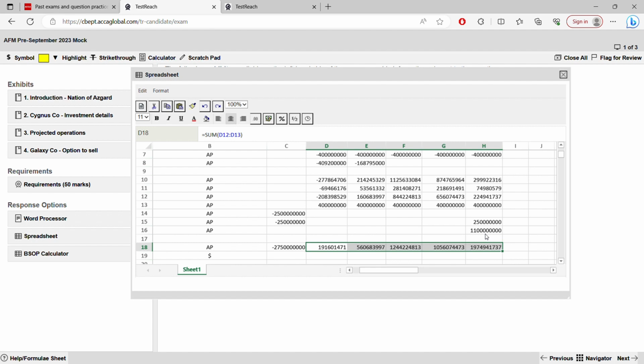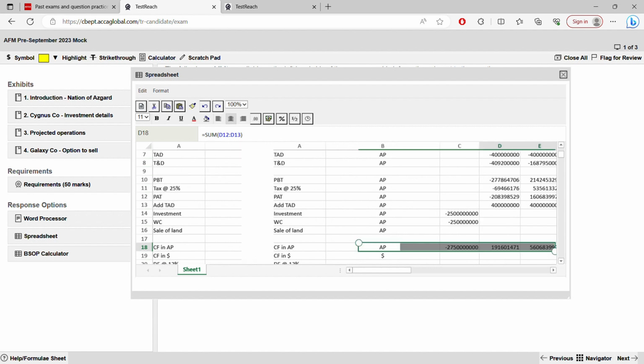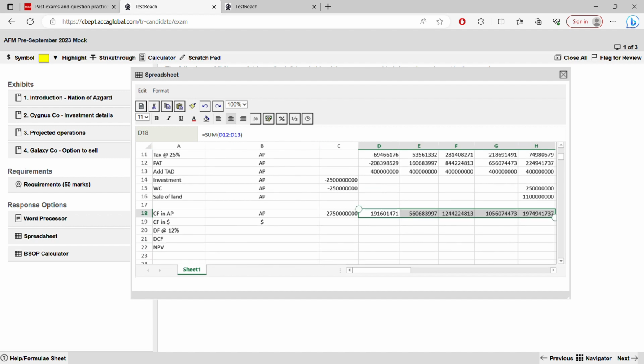Okay, now you have to convert this into dollar. This is in AP. So when you convert it into dollar, already you have done this function in working one. So what are you going to do? Divide or multiply? The currency is in AP. Same currency, divide. So this you have to divide it by, this is year 0.